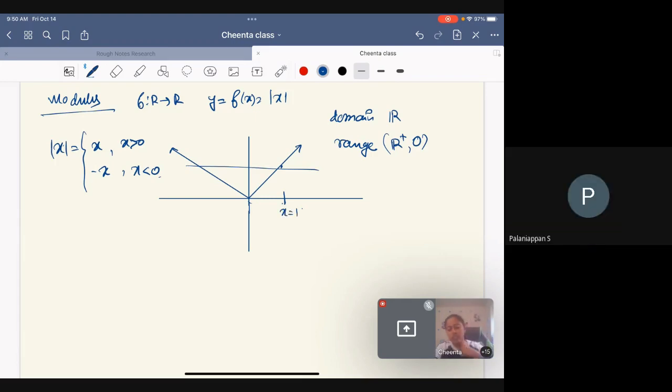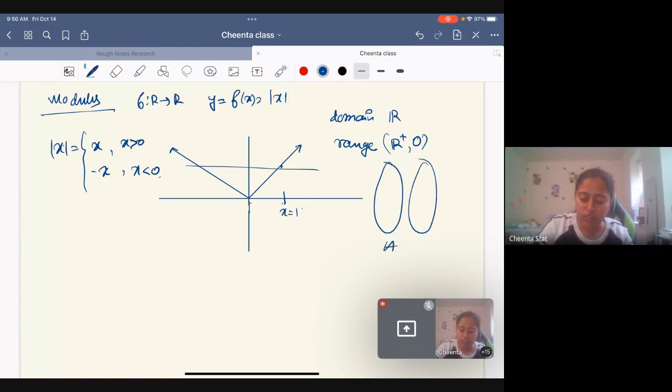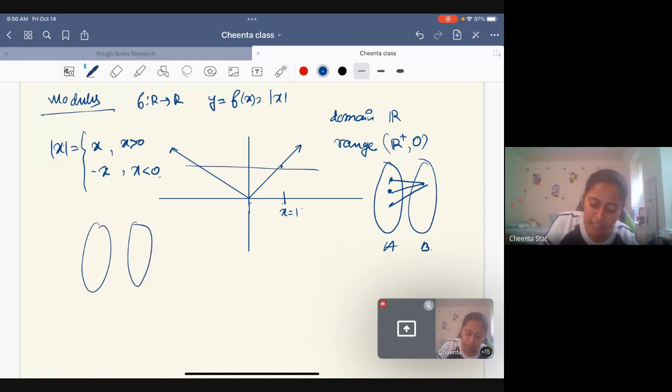Whatever I have shown you, A to B, of course two A's can go to the same B. That is called many to one mapping. Three A's can go to the same B, many to one mapping. But this can't happen. One A can't go to two. This is not a function.